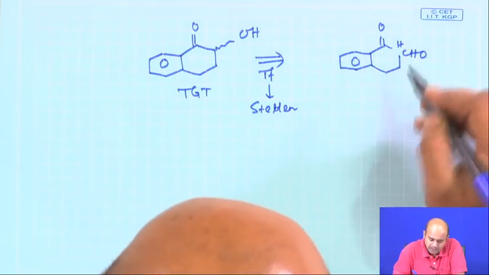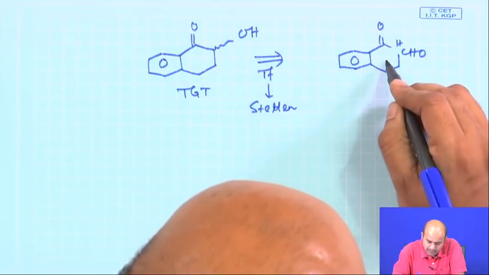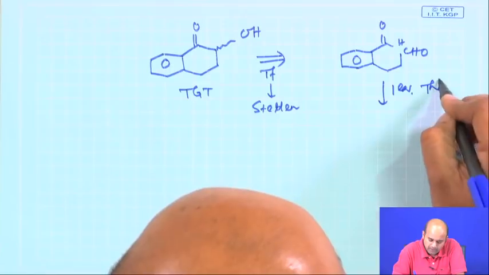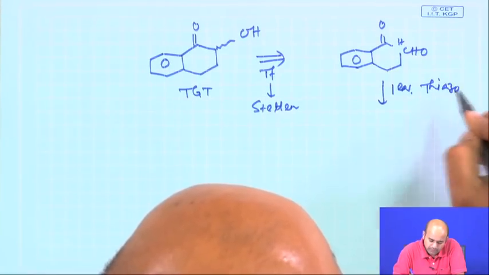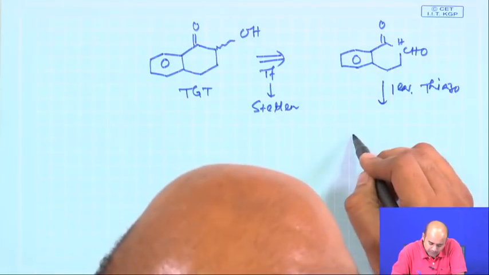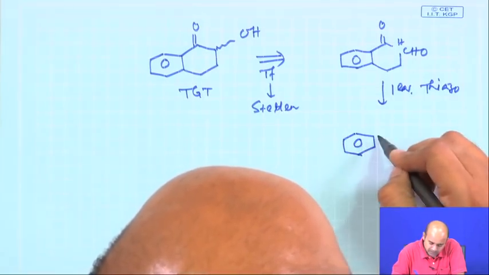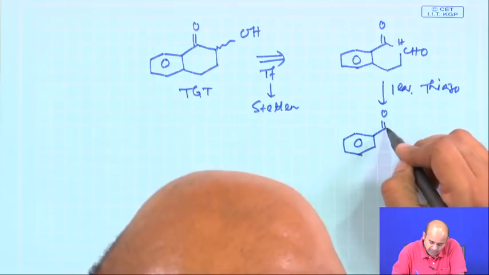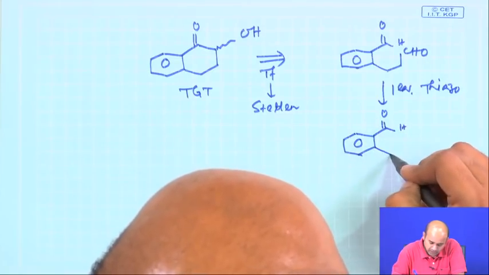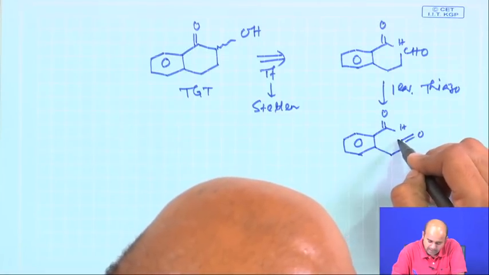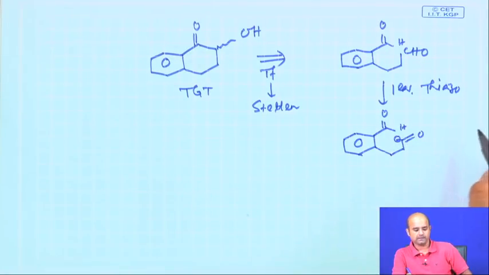It does not matter if you take this aldehyde as starting material, with 1 equivalent of thiazolonium salt, and then you can generate one of these umpolung species. Let us say I am generating this umpolung, thinking that aliphatic aldehydes are much more reactive than the corresponding aromatic aldehyde.